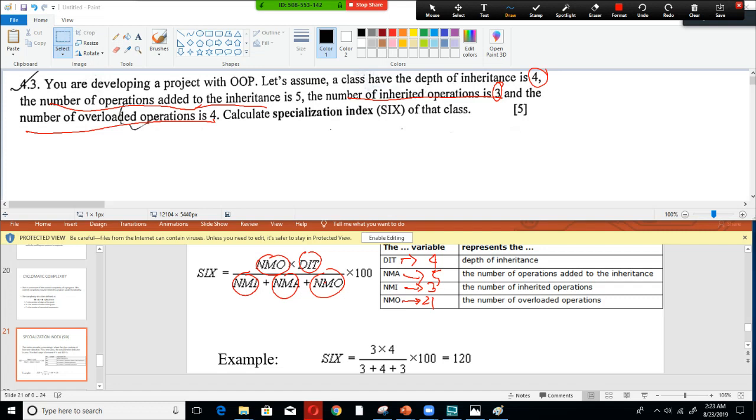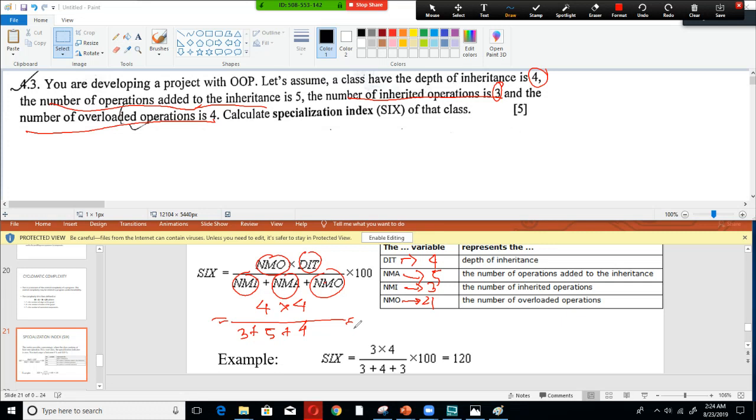So if we put in the values, the NMO is 4 multiplied by DIT which is 4, divided by NMI 3 plus NMA 5 plus 4. So we get 4 into 4 divided by 3 plus 5 plus 4, which is 16 by 12, which is 4 by 3, or 1.33.